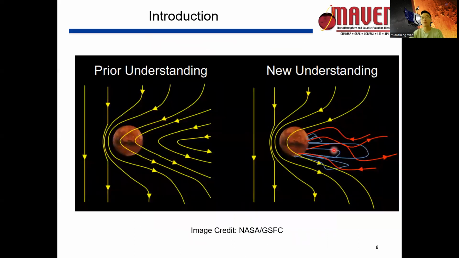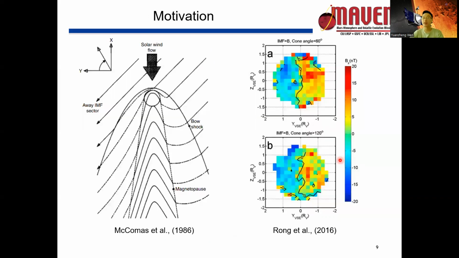The physical mechanism behind it is the magnetic reconnection between the crustal magnetic fields and the interplanetary magnetic fields. So we can tell that the crustal magnetic fields can influence the tail of Mars. However, today we'll mainly focus on the influences from the IMF.